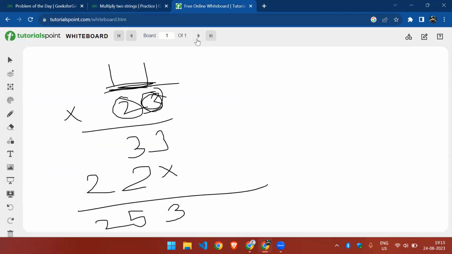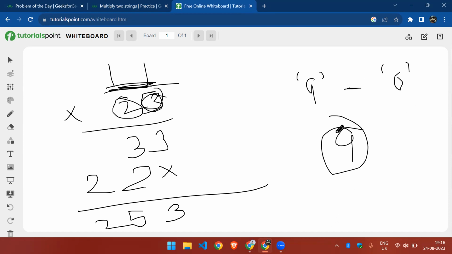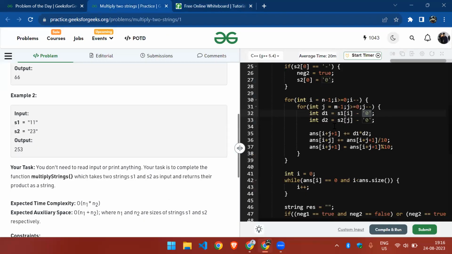So, for example, if you have this character 9, and you subtract from it the ASCII value of 0, you will simply get 9. So this is a trick to convert these string integers into actual integers, okay? So I have converted them into integers. Then I have stored the result at the i plus j plus 1th position.